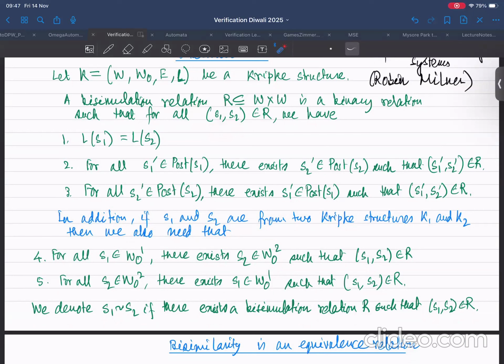First of all, the set of atomic propositions in S1 and the set of atomic propositions in S2 have to match.